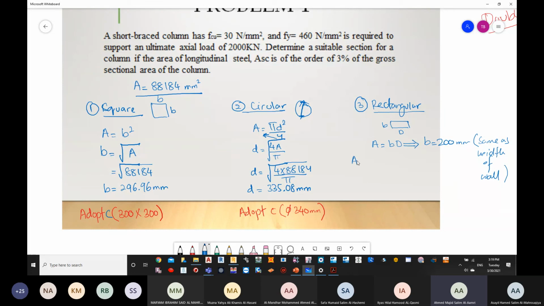Now I can say that my area is equal to depth multiplied by 200. Okay, my depth is going to be equal to area divided by 200. My area is 88184 divided by 200. Okay, can you give me this value? 441.